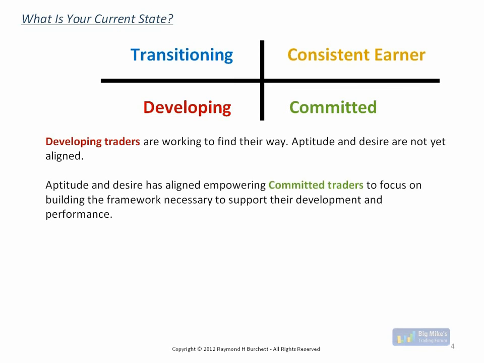A committed trader, aptitude and desire have aligned. And that allows them to get focused on putting together a framework that's really going to support their development and performance. And again, I always get asked, well, how long should this take, or how long should that take? And that's the last question you want to ask yourself, because it's absolutely irrelevant.